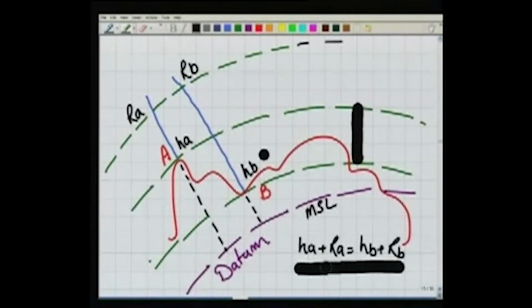It's the same relationship as in the previous case, but the only difference here is that we want to make use of datum, and the datum is not a horizontal surface, rather it is the equipotential surface.